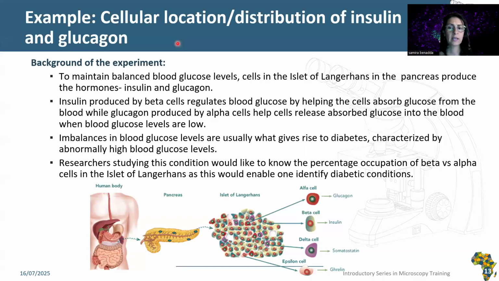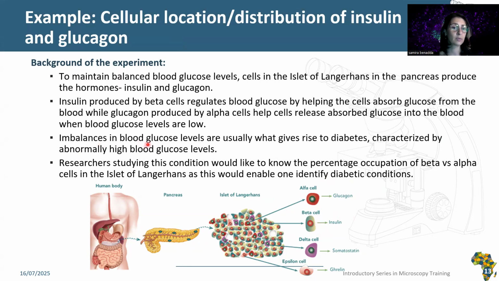We know in diabetes, we know the human body, the organ, the pancreas. There are alpha cells that produce glucagon and beta cells that produce insulin. And we know that both of these cells work in concert to regulate the amount of glucose we have in the blood when this is in balance.